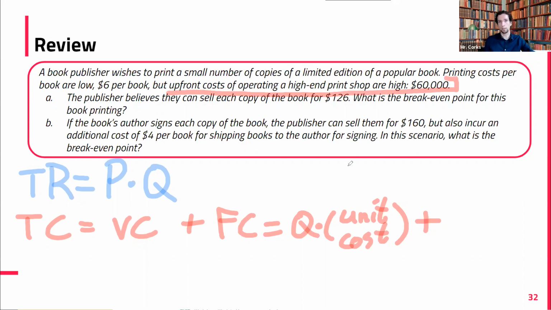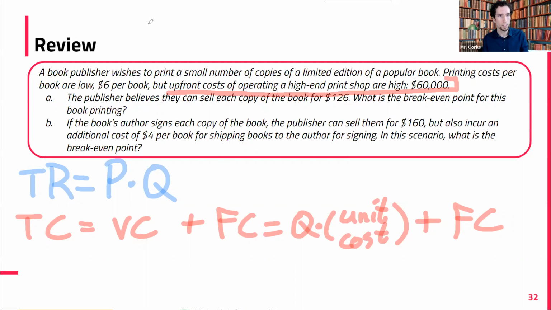You have the electricity to run the machines, and you have the maintenance people on standby in case something breaks, safety people. So just upfront costs that are independent of the number of units you produce. So those are fixed costs.